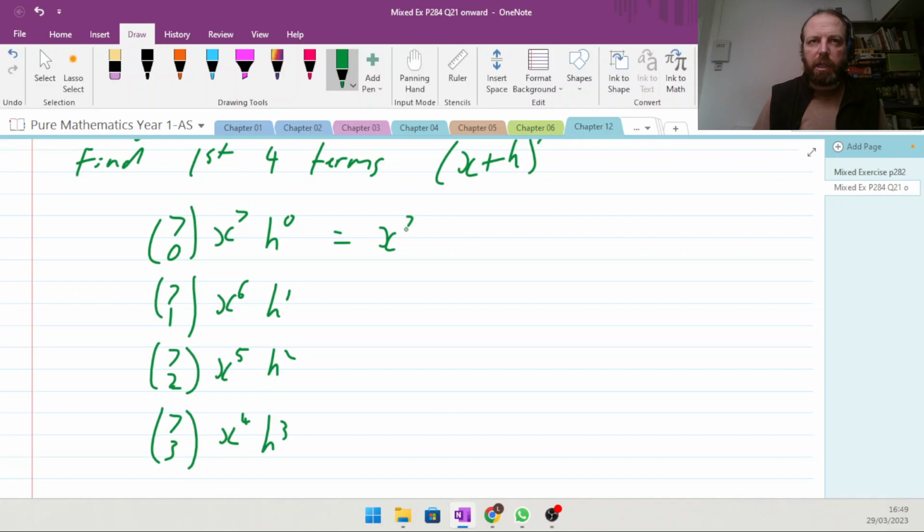x to the 7 equals, right, what's nCr of that? So what is it? 7, 1.